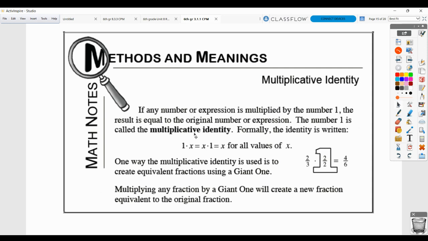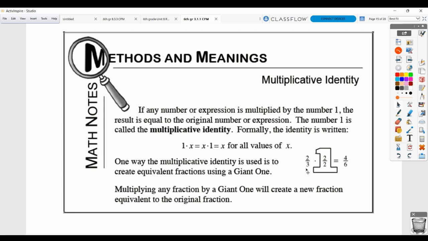So again, in math, we tend to name things very logically. When you multiply by 1, you maintain the number's identity. It stays the same. So we call that multiplicative identity. We use that in various ways in math, but one way at our grade level is to show that if you multiply any number by a giant 1, which is a number as a numerator and that same number as a denominator, which is equivalent to 1, you're going to get an equivalent fraction or an equivalent number.